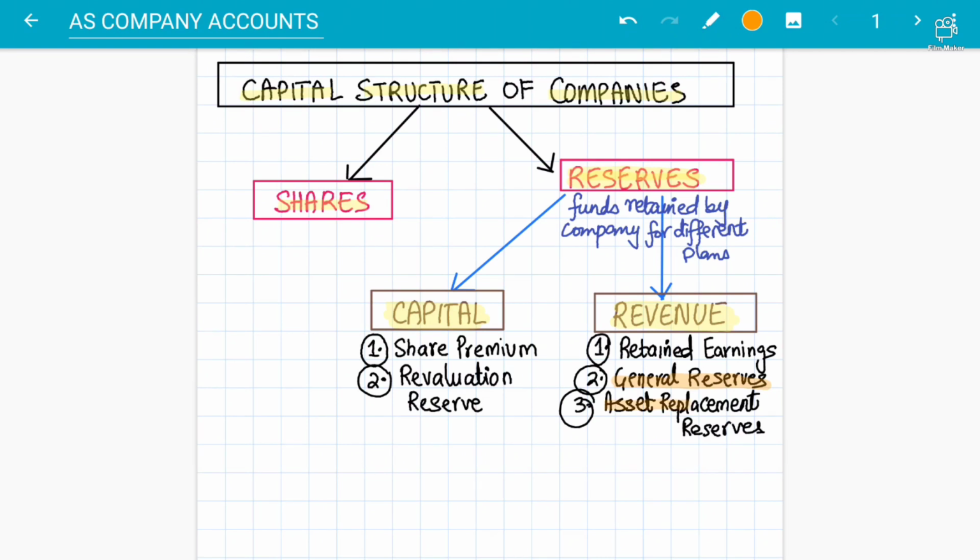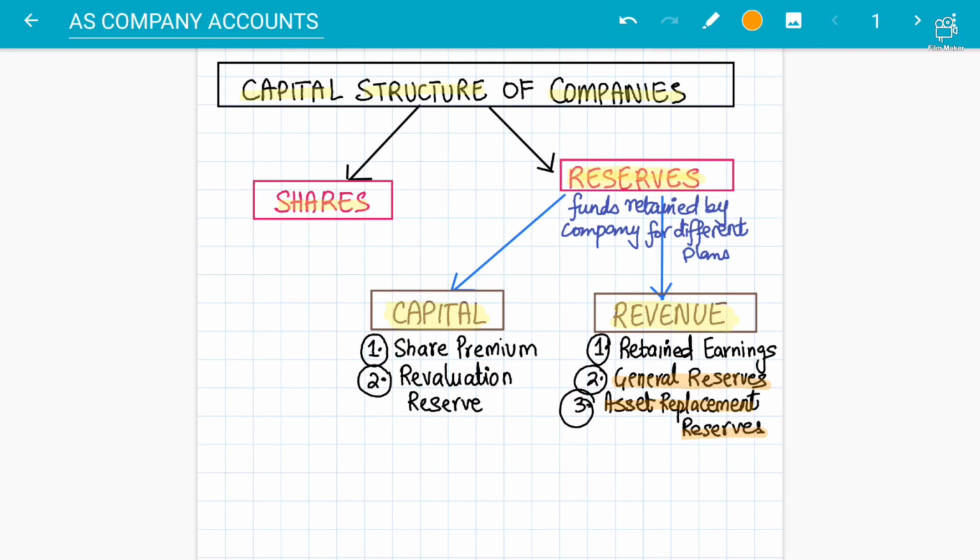And asset replacement reserves are basically kept if you have to buy an asset in the near future, so that when the old assets are disposed of or become inefficient, you have the funds to get the asset replaced, and that is why it's called the asset replacement reserve. It is the amount that the company sets aside so that it has sufficient funds to buy the new asset when the old one is disposed of.